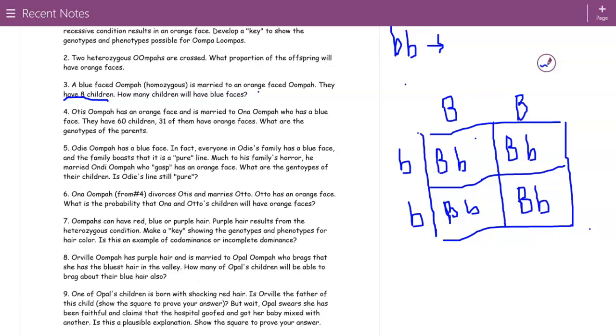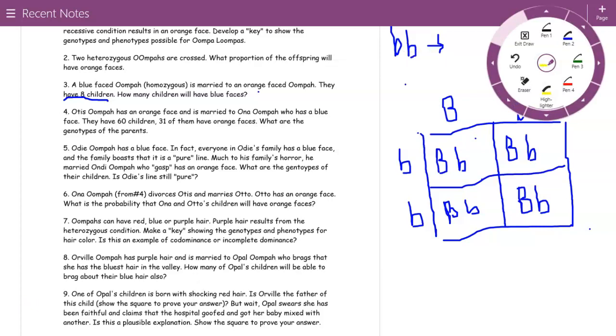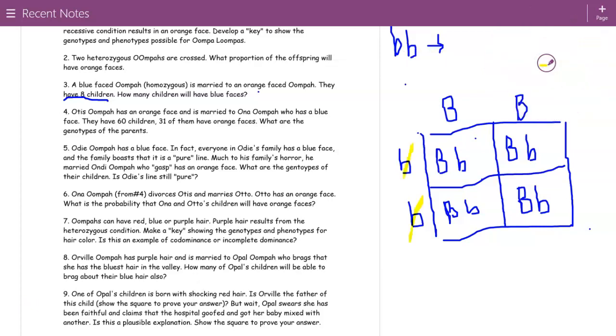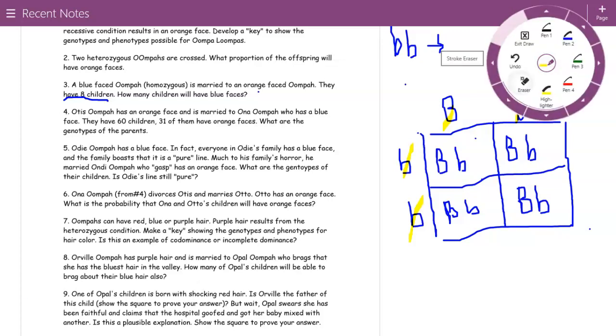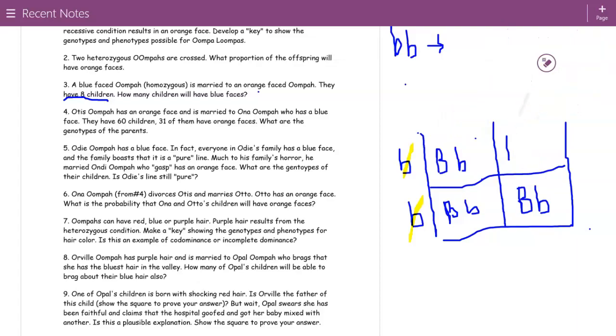All right, how many children will have blue faces? All of them. Okay, all of them will have blue faces because in the combination of alleles that you can have from mom and from dad, there is zero possibility that any of them will have orange faces. Okay, so that was a trick question there. Let us erase and do more Punnett squares.